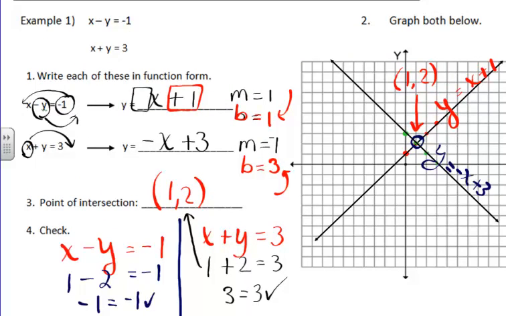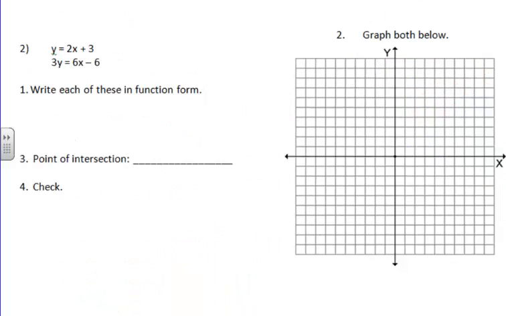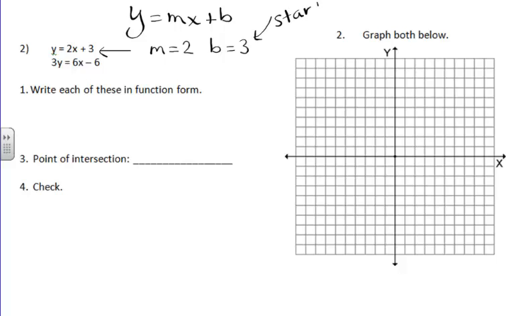So we will do another one together, and then I would like you to try one on your own. Alright, so step 1, we want it to be in y equals mx plus b format. My first equation is already in that form, so I don't have to do any manipulating. m is 2 and b is 3. I can graph that. Remember, I start graphing at the y-intercept.